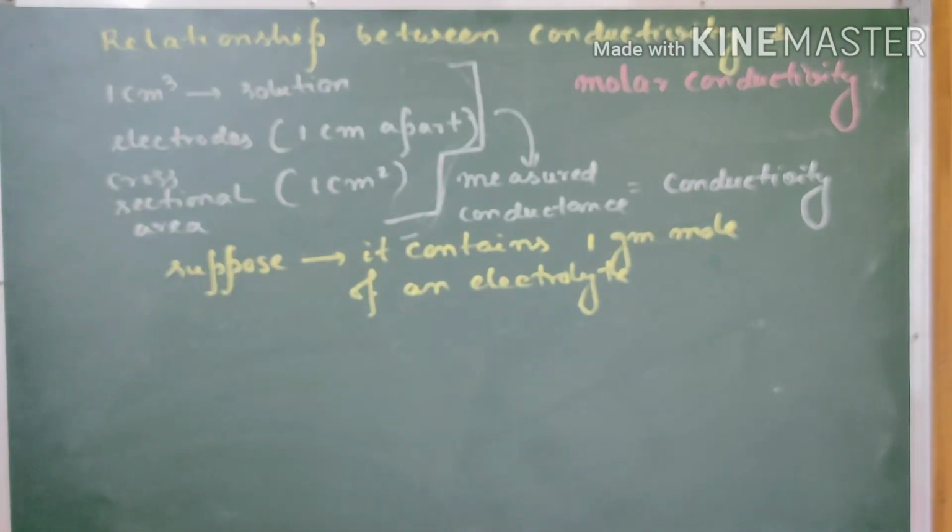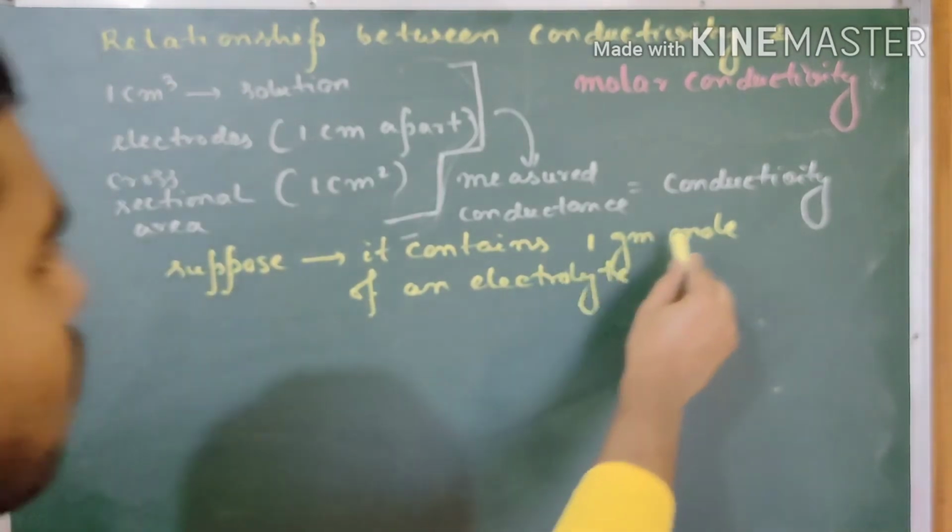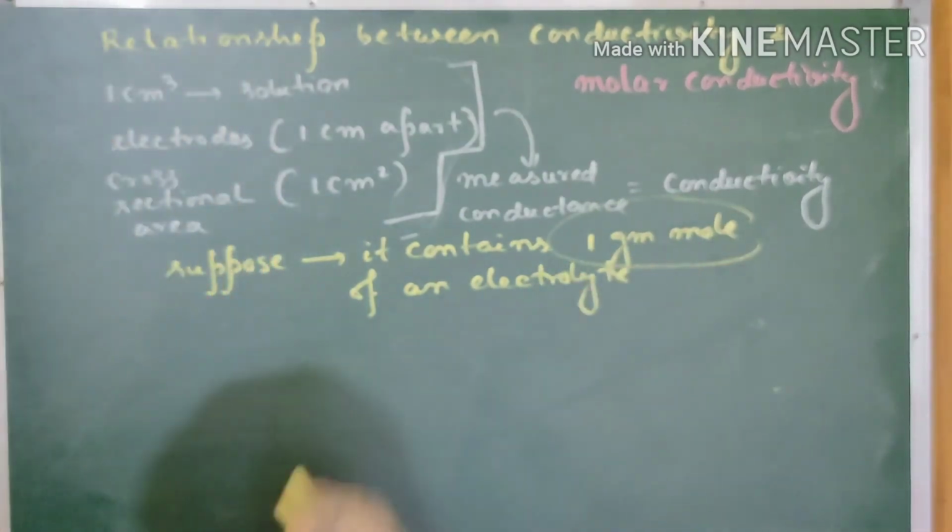So we know here also, if the solution contains 1 gram mole of an electrolyte placed between two parallel electrodes of 1 square centimeter cross sectional area and 1 centimeter apart, so that is also the molar conductivity. If it is having 1 gram mole of an electrolyte, if we measure the conductivity, it should be molar conductivity also.